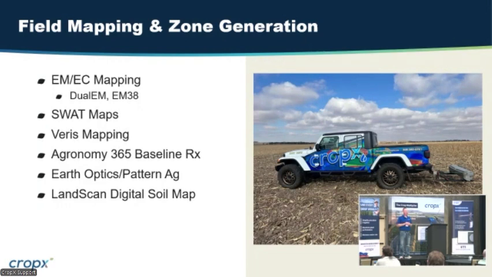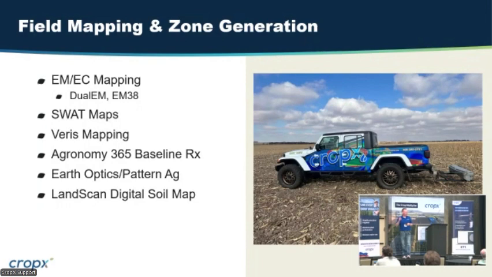They basically took that and built software on top of it to provide an EC mapping system. Another common one out there is Veris Maps. Veris was one of the leaders in driving the importance of EC mapping back in the day. And they have several versions of Veris rigs today to be able to go out there and do this.